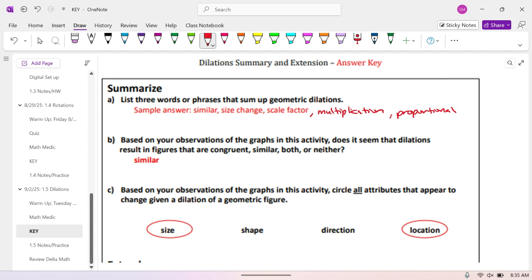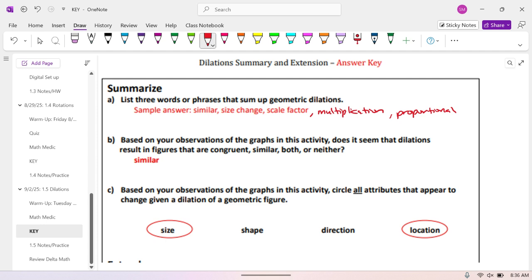Similarity, it just means that the size may be bigger or smaller, but they're still proportional to the original. Meaning we can multiply the same number to all of the side lengths and get our new image. All right. And then when we talk about dilations, it's really all about size and location.